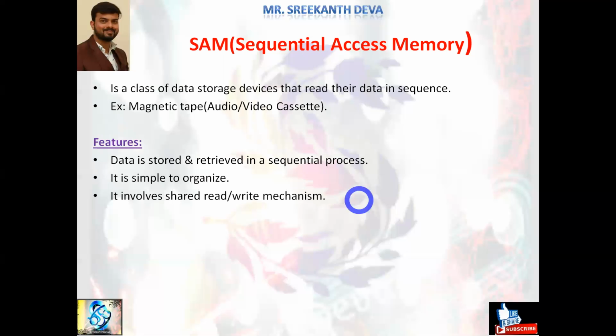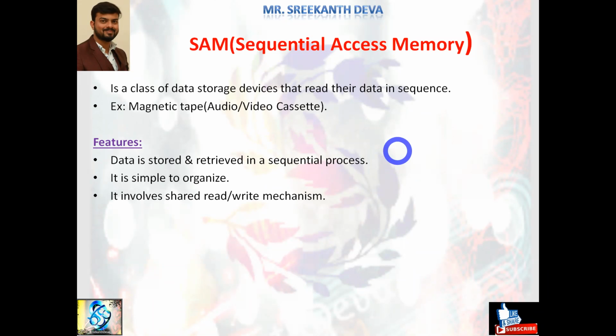It is simple to organize. Magnetic sequential access memory is typically used for secondary storage in general purpose computers due to its higher density at a lower cost. It is slow when accessing specific things in no order.